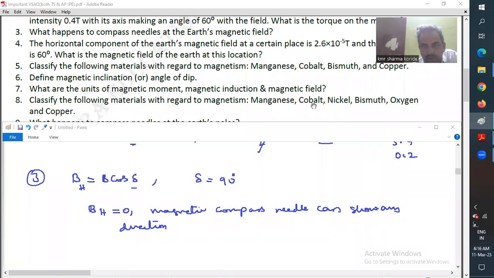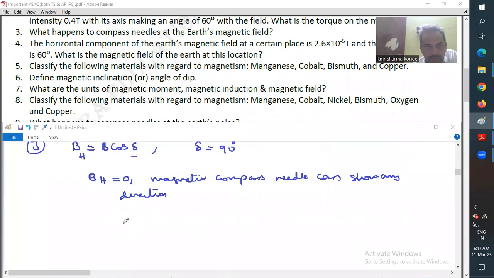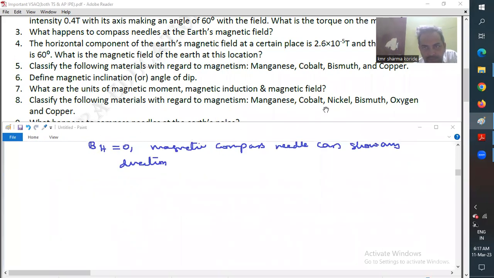In addition to the above material, there is also one more material, nickel. So you have to classify them. First let us try with diamagnetic. This is the answer for question number 8. Question number 5 and 8 are almost similar except nickel.